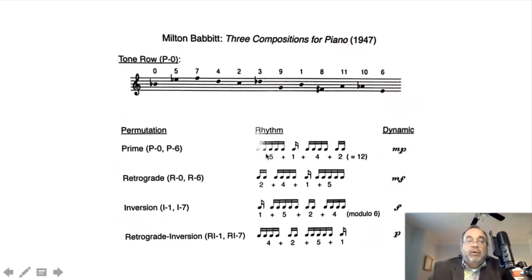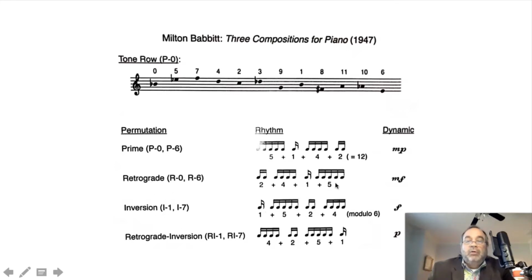So the rhythmic pattern of 5, 1, 4, 2 is going to accompany all of the prime forms of the pitch rows. And as discussed, the retrograde pitch row is going to be accompanied by the retrograde rhythm row, which is the backwards of the prime, 2, 4, 1, 5. And the inversion rhythm row is 1, 5, 2, 4. And the retrograde inversion is 4, 2, 5, 1, which will accompany all of the pitch rows of the same kind.